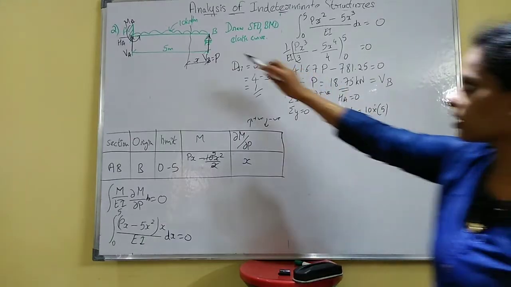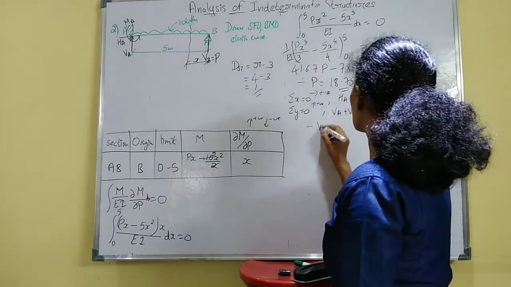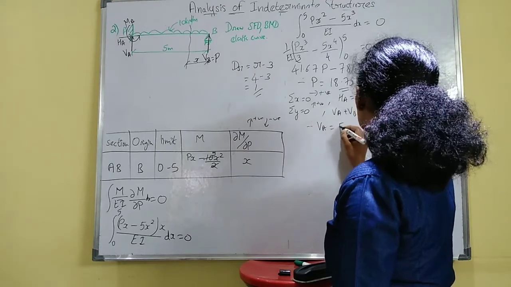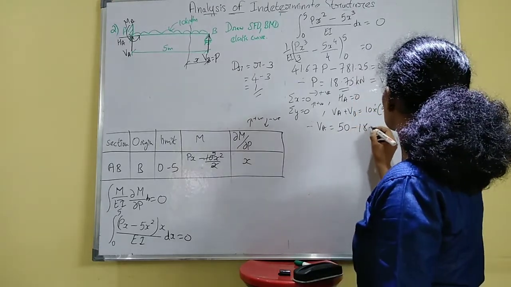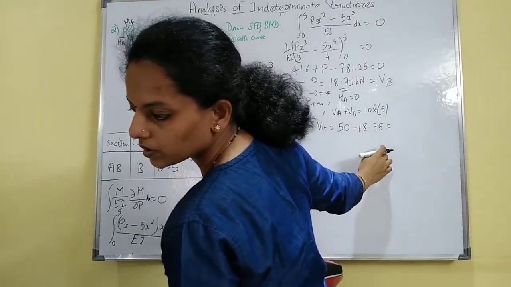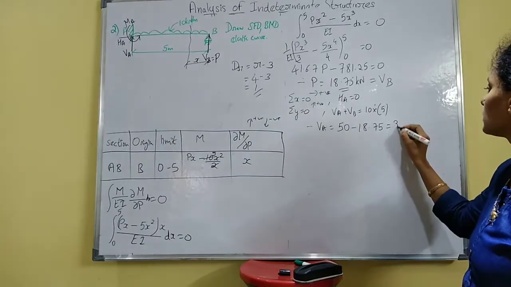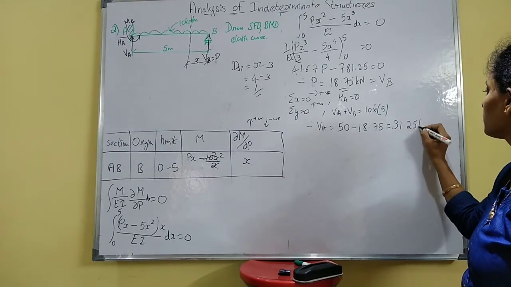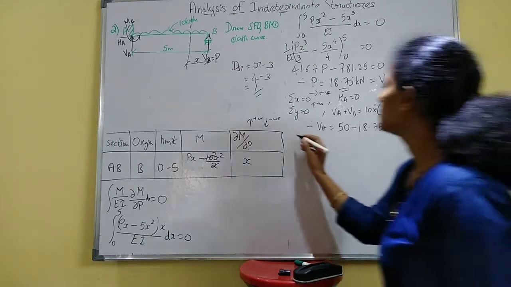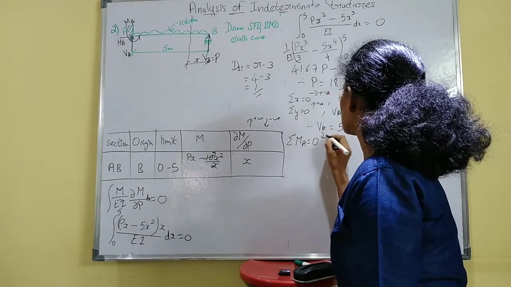Okay, UDL, so conversion 10 into distance. So you have here VA as 10 into 5 is 50, 50 minus 18.75, which is equal to 31.25 kilonewton.